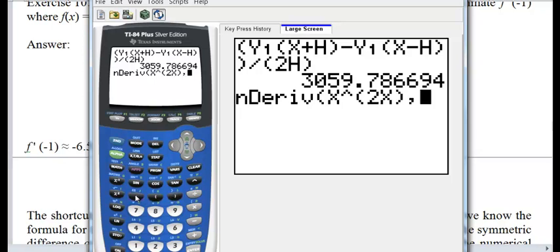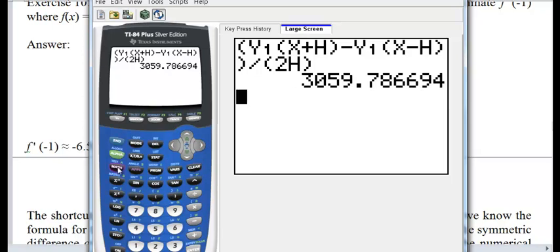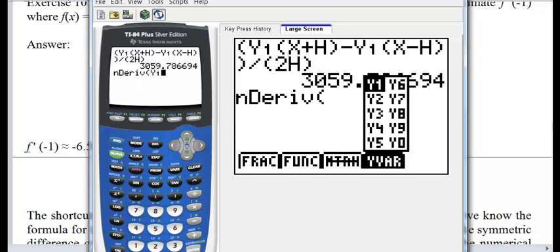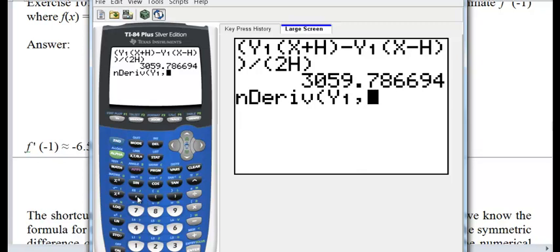and then comma, or if I've already got it in there, I've got this memorized, math 8, shortcut, I can actually put it in as y1, since I've already got it in y1, but if I don't, I can type the formula in there. The second argument you always put in is x. It's always x. That's our variable.